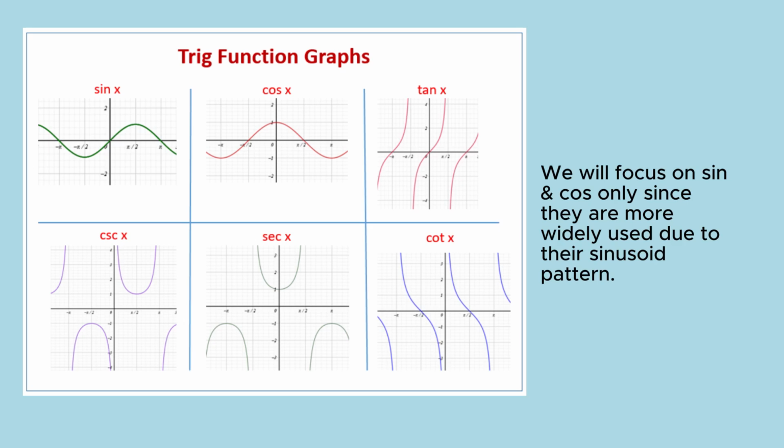And if you already try out the trigonometric functions, you see that sine and cosine have amplitudes, whereas functions like tangent and cotangent do not. The secant and cosecant have something interesting where at a certain value they cannot intersect each other. So that's basically the nature of each graph. And as I said, we only focus on sine and cosine due to their sinusoid pattern, and they are more widely used.